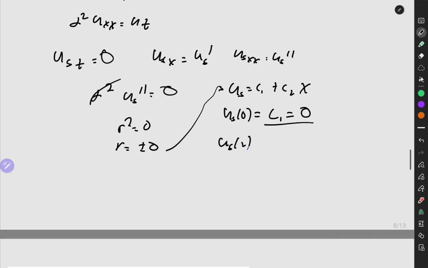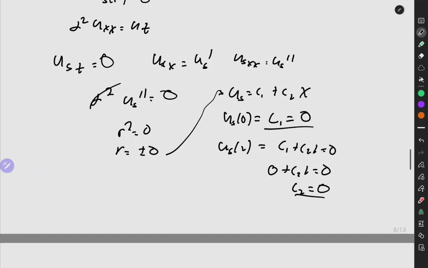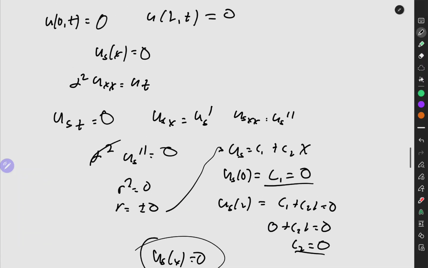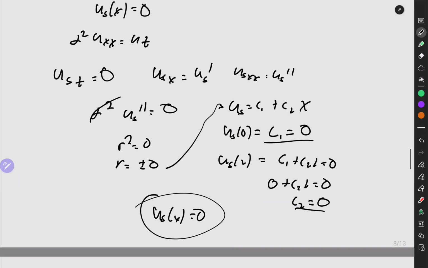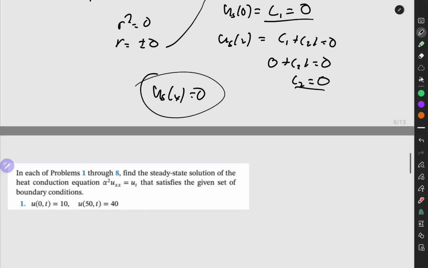We use the other boundary condition, and we get C2 is equal to 0, and that tells us that u_s of x is equal to 0. See how that works? That's why I ignored that part of the problem when we did the last example. But from now on, we're going to need to look at it.